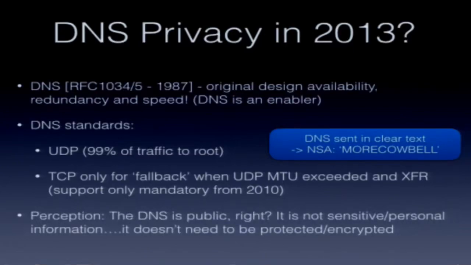In privacy terms, the DNS is described as an enabler. It's a system that you use to get to other services. You want to get to a web page, you go via the DNS. You want to email somebody, you go via the DNS. So that's where it sits. Now, it was still true of the standards in 2003 that the standard transports for DNS were UDP and TCP.